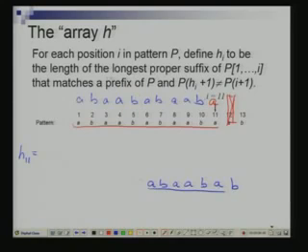So I have to find out the length of the longest suffix of P1 through Pi that matches a prefix of P, which is exactly this. This is the one we showed here. See why? Why should a suffix match a prefix of P? Because when we shift it, it's the prefix of P which comes towards the suffix.